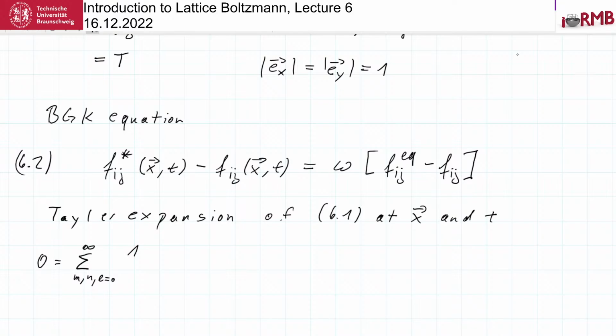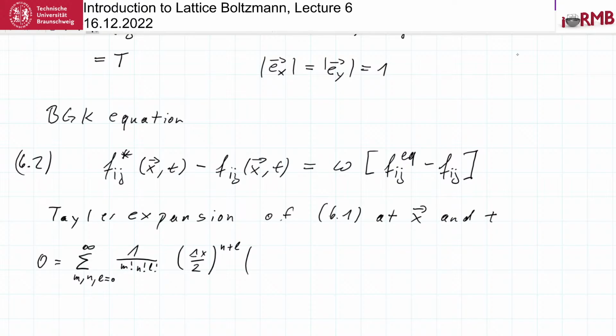And now comes the usual Taylor expansion in 3 dimensions, which means we have 1 over m factorial, 1 over n factorial, and 1 over L factorial. And then comes the distance that we move. We are always moving in steps of delta x, and this is both for x and for y.